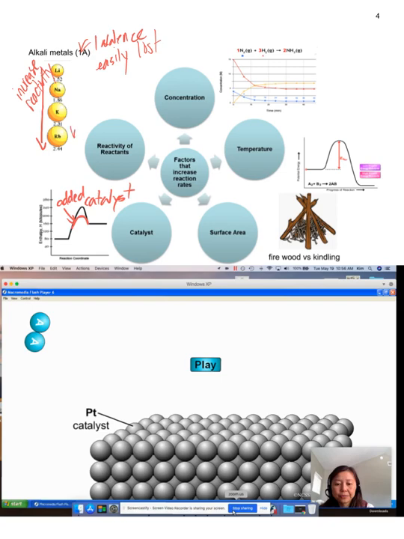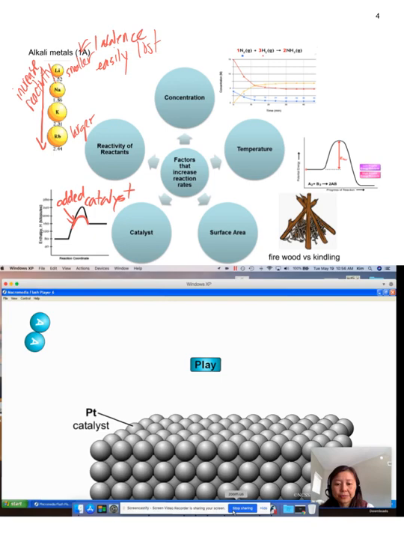Rubidium is larger than lithium, which is smaller, and that's why rubidium can lose its one valence electron a lot more easily compared to lithium. So when you switch out lithium for rubidium, you'll see that rubidium's reaction is going to be faster than lithium's.